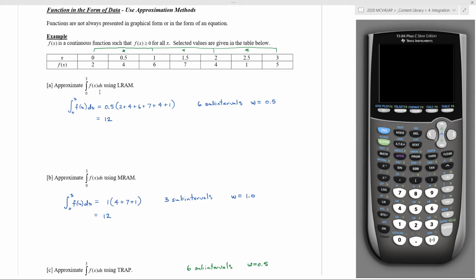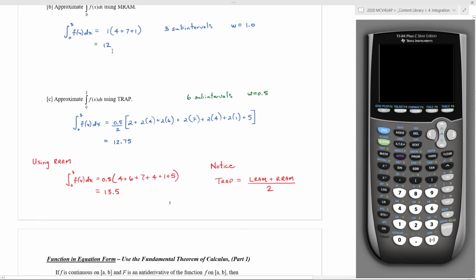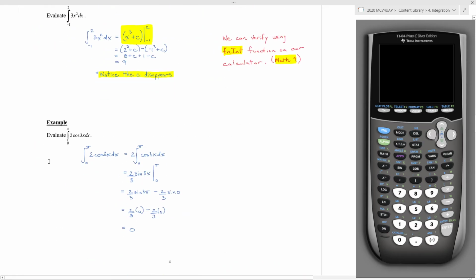You want to basically let the number of subintervals go to infinity. The more subintervals you use, the better your approximation would be. So that's the benefit of being able to use these approximation methods, because they will also allow you to find definite integrals when you have no idea how to integrate.